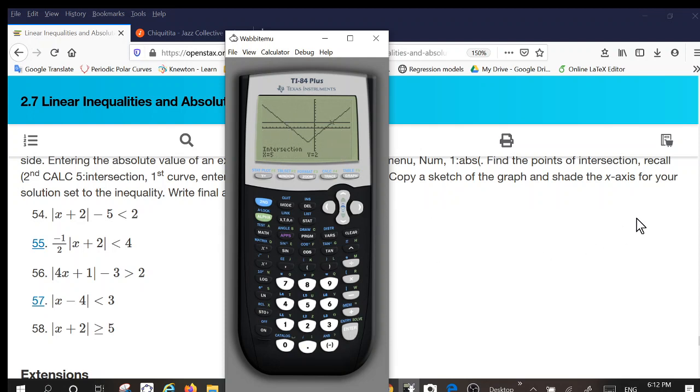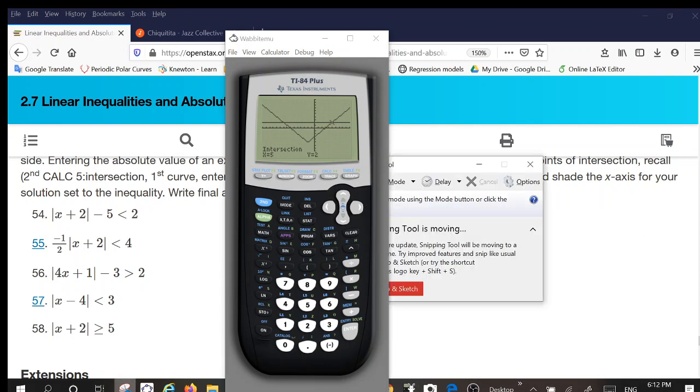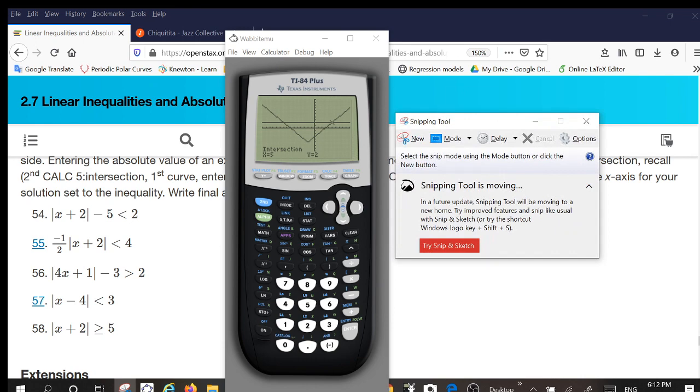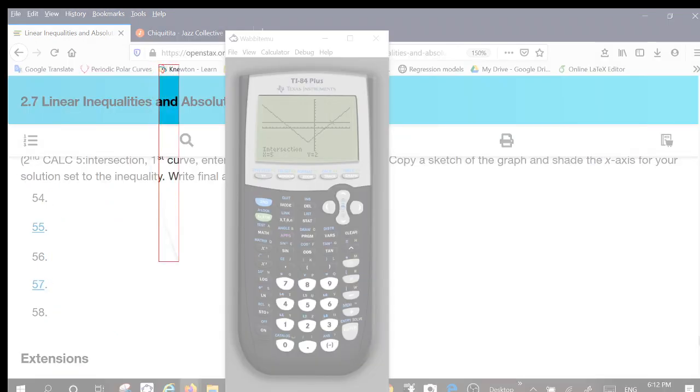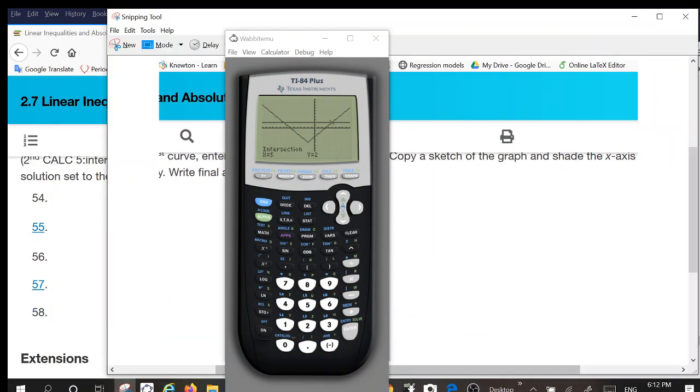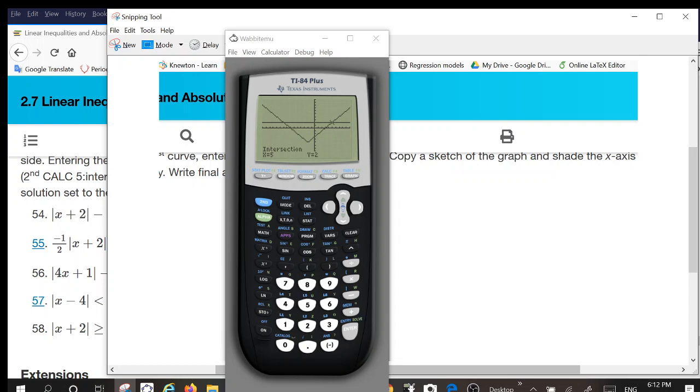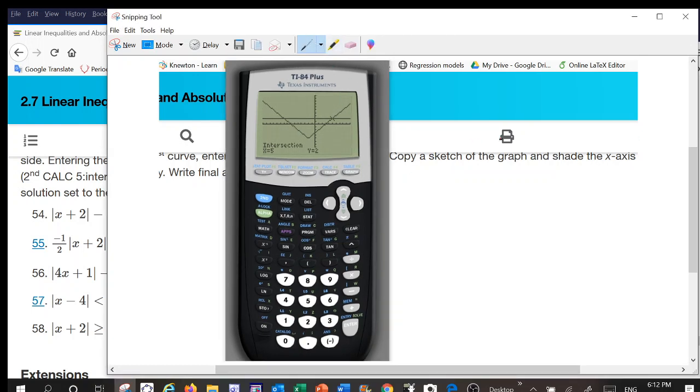So what is the solution? The solution is going to be between negative 9 and 5.